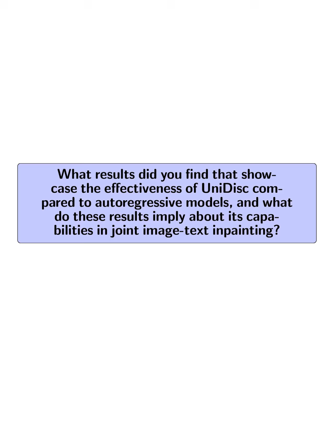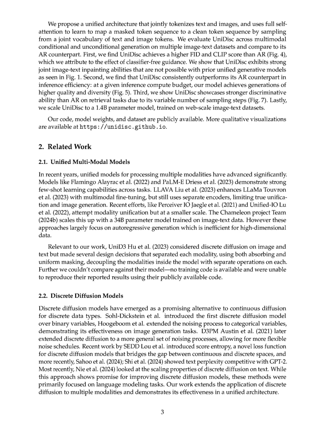What results did you find that showcase the effectiveness of UniDisc compared to autoregressive models, and what do these results imply about its capabilities in joint image-text inpainting? The results indicate that UniDisc outperforms autoregressive (AR) models in several key areas, particularly in joint image-text inpainting, where it demonstrates capabilities not achievable by prior models.